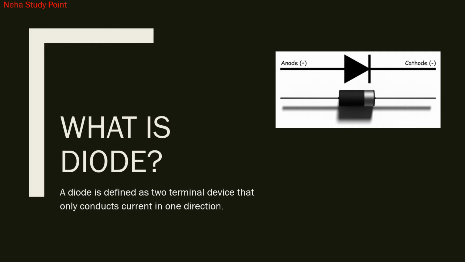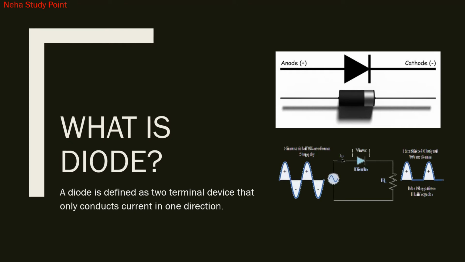It's also called unidirectional because an ideal diode will have zero resistance in one direction and infinite resistance in the reverse direction. A diode is effectively a valve in an electrical circuit.